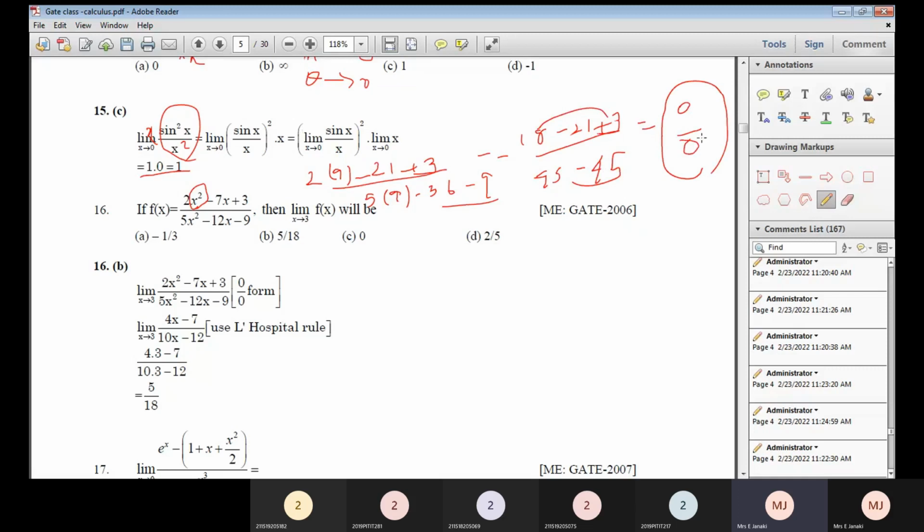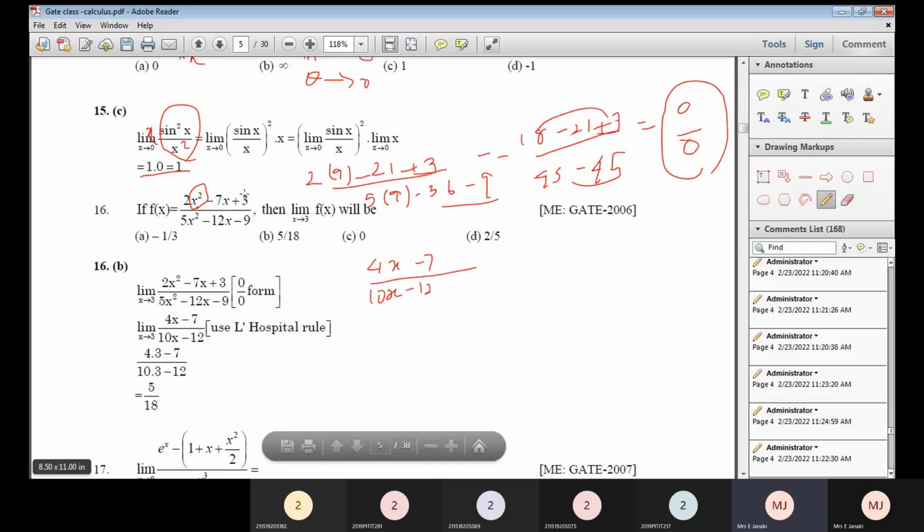So whenever you are getting an indeterminate form, what we have to do? Differentiate numerator and denominator separately. That is, we have to apply the L'Hospital rule for this. The differentiation of the numerator is 4x minus 7, and the denominator is 10x minus 12.